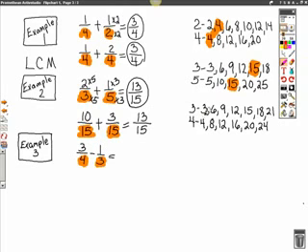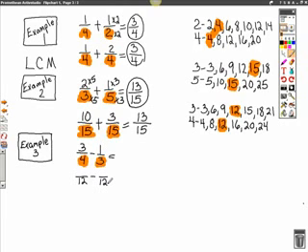Now we can compare these two groups of numbers and clearly see that the 12 is the lowest common multiple that is the same for both numbers. So we're going to make our denominator 12: something over 12 minus something over 12.